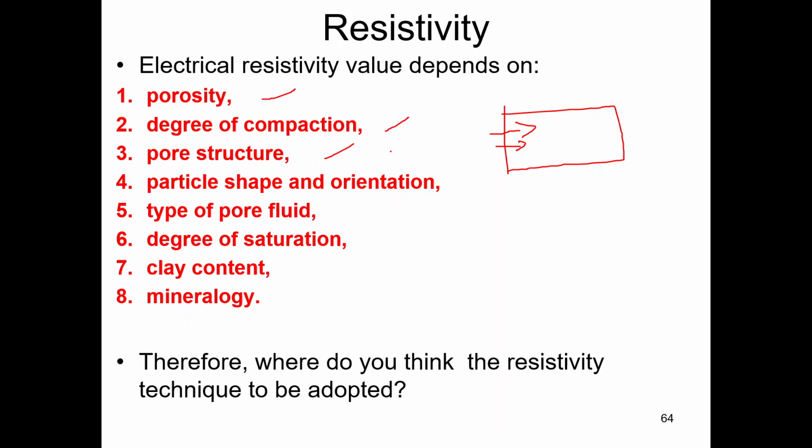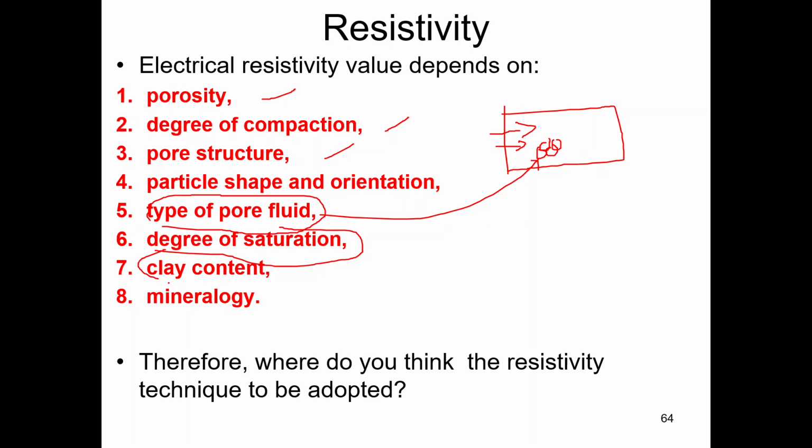Pore structure is the connection between the pores of the material. You can see the voids are filled by water or solutions. Then the type of solution, whether salt water or fresh water, and the degree of saturation, whether saturated or unsaturated.